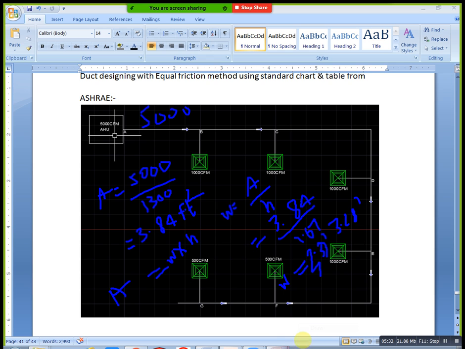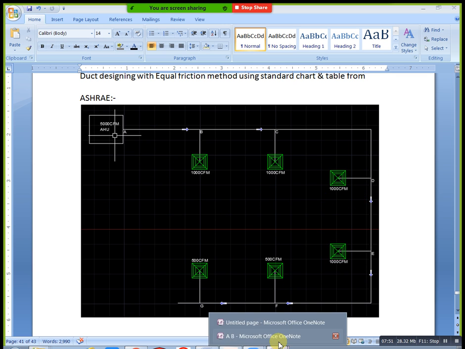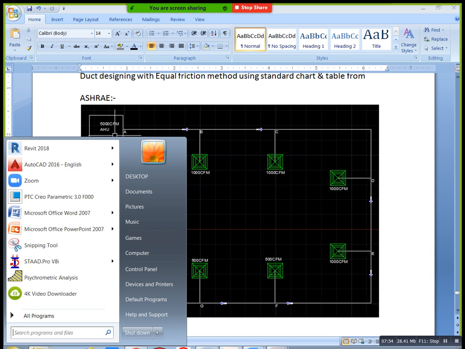Okay, all of you, is there any doubt in this? Up to this one we calculated 3.28, right? In that condition, 3.28 into 12. Why?